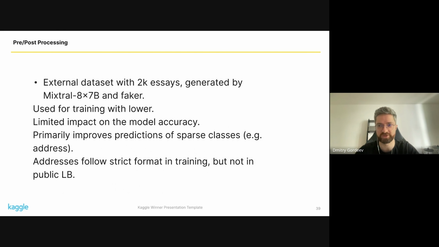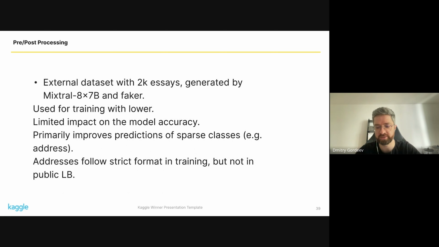So if you run statistics, you will see like 30 or 40, but in reality, we had only 2 addresses. And they were very, very strictly formatted there. So I tend to believe that external data sets allow the models to predict these sparse classes better, especially those that required some different formats of the inputs, especially the address.